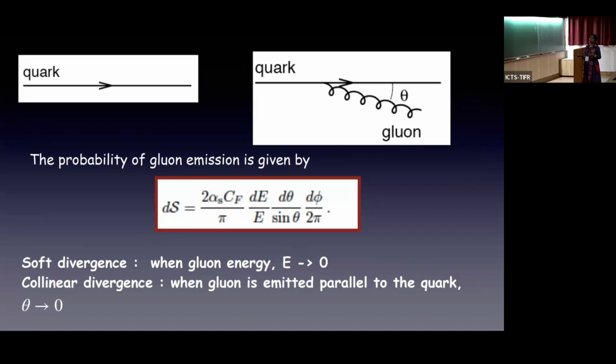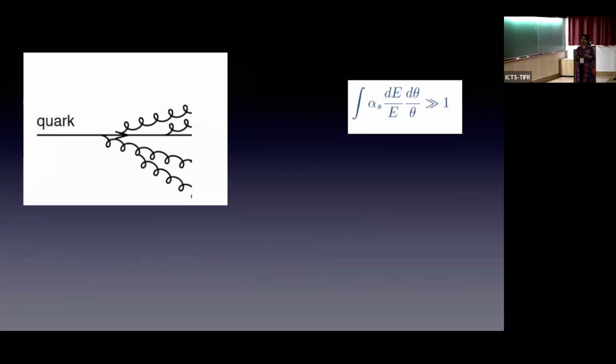And if the gluon is emitted very close to the original parton so that theta is extremely small, then you will also have a collinear divergence. So when you calculate jet observables like the rate of jet production using pQCD, one should be very careful about taking these divergences into account.